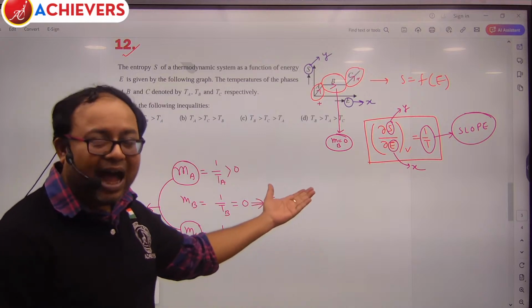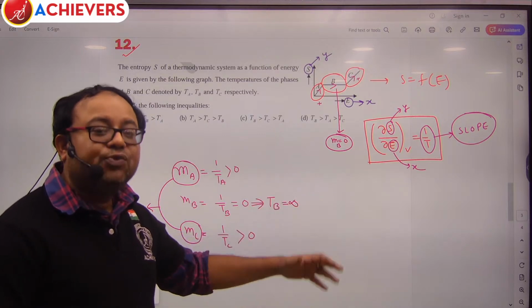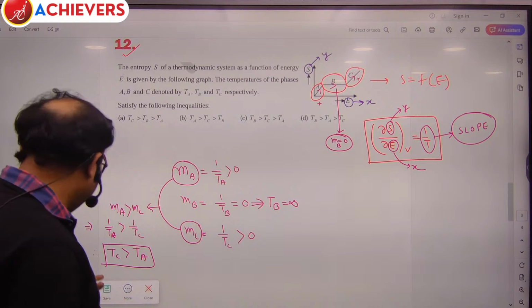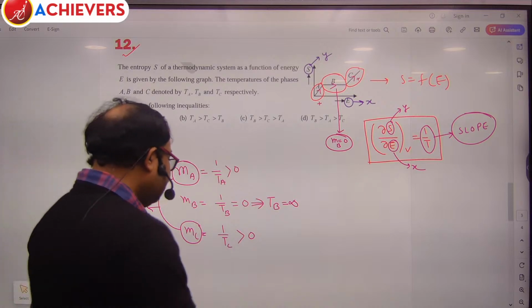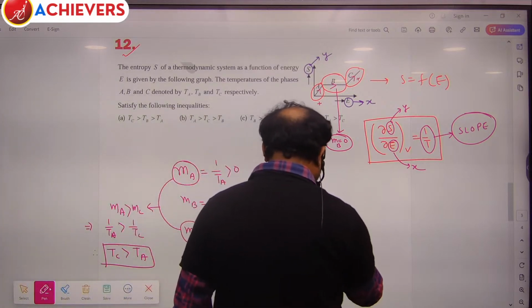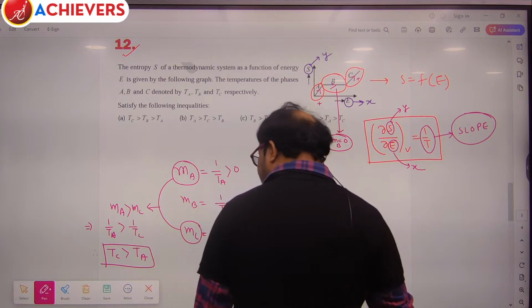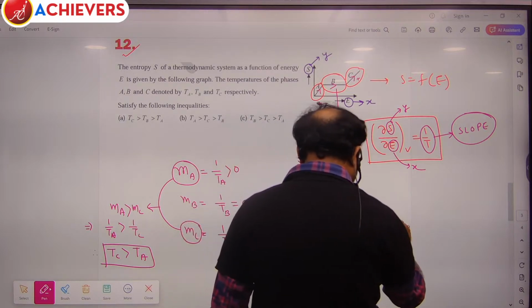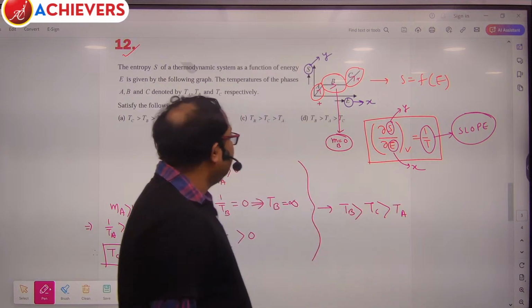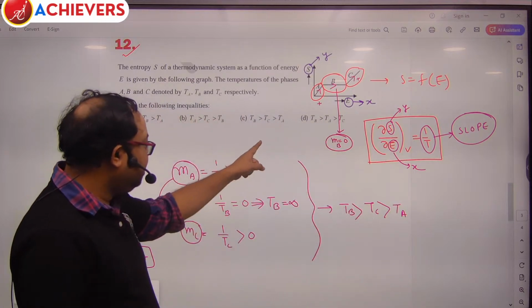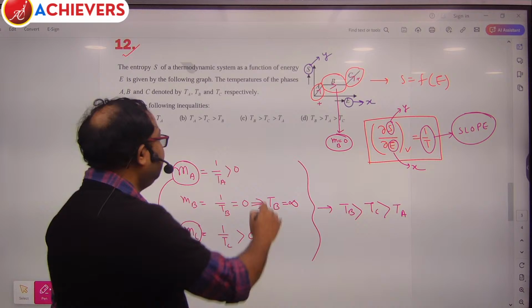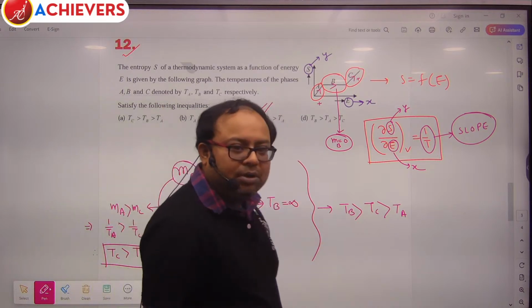Obviously TB is the highest. So TB is way greater than TC and TA. So from this logic, one can write that TB is greater than TC is greater than TA. So TA is lowest, then comes TC, then comes TB. So C is the correct option.